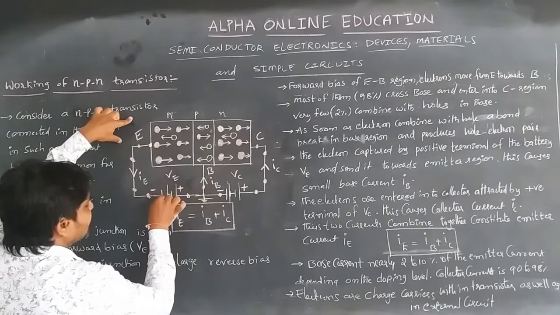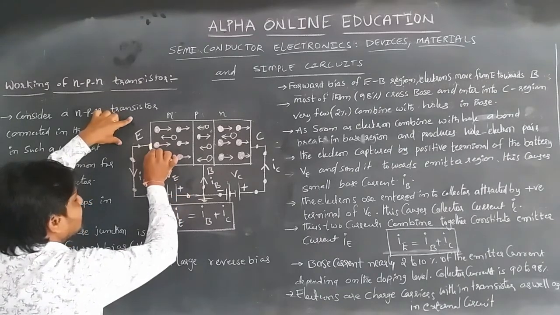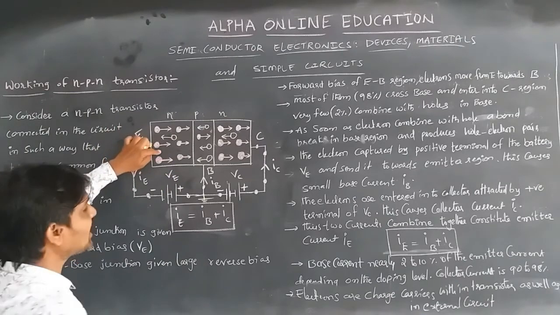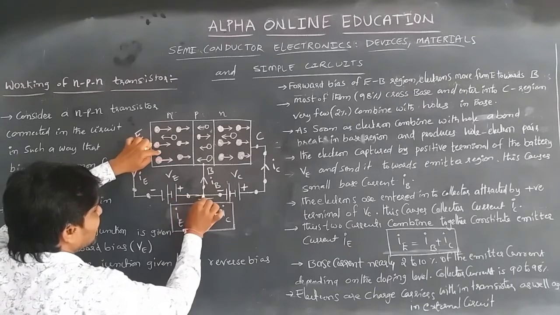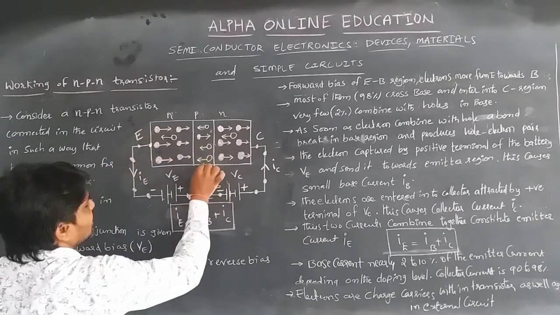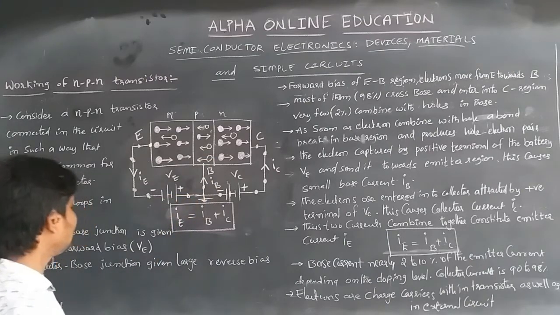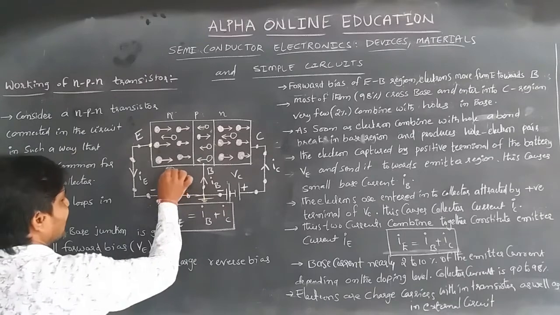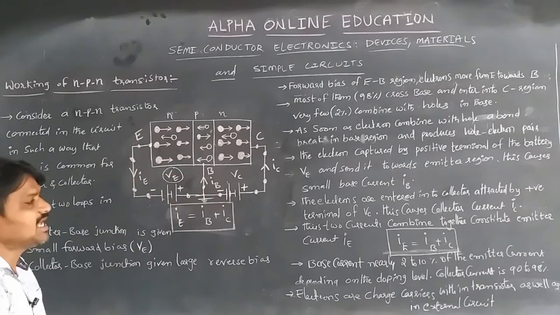The negative terminal of the battery VE is connected to the N type crystal at the emitter, and the positive terminal is connected to the P crystal, the base. So this is a small forward bias with the battery VE.